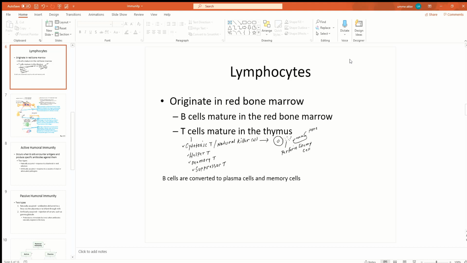So the holes, or pores, will be formed in the wall. So perforins will do what? They will get attached to the wall of the enemy cell and will make pores. And then the cytotoxic T cells will release another type of chemical, and this chemical is called granzyme.